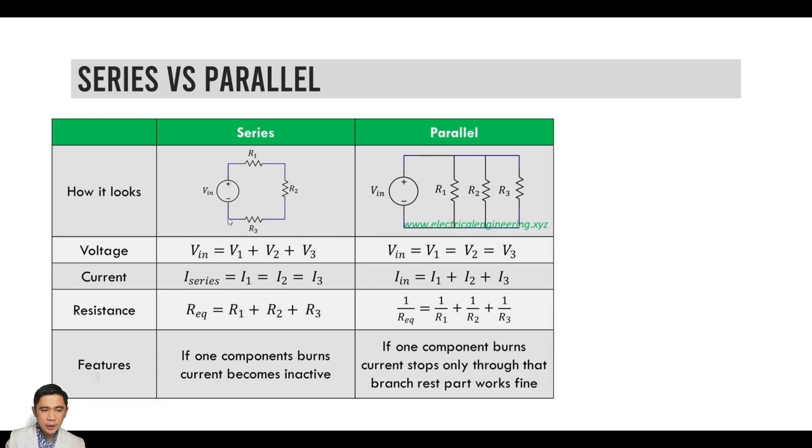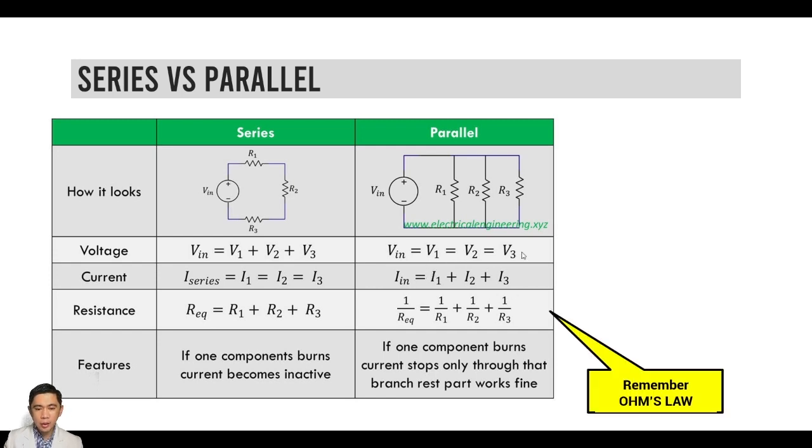So the current that will go back to the circuit will be lesser. But in parallel, the current will be met independently by each resistance. Therefore, the current that goes back into the circuit will be additive. And these are the Ohm's law.